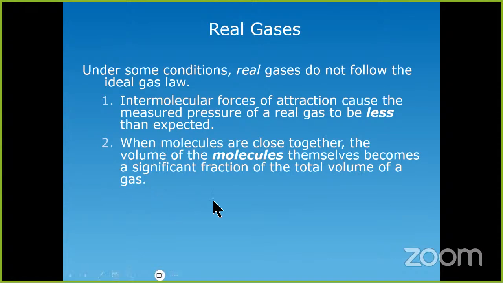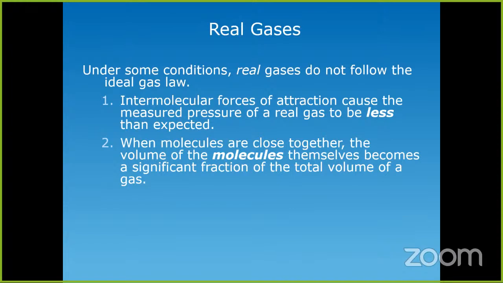And there are a couple of reasons why that is the case. One of the reasons is that one of the assumptions we talked about with respect to the kinetic molecular theory is that there are no intermolecular forces between the gas particles. In the case of real gases, however, that's not the case. There are always some intermolecular forces between the gas particles.